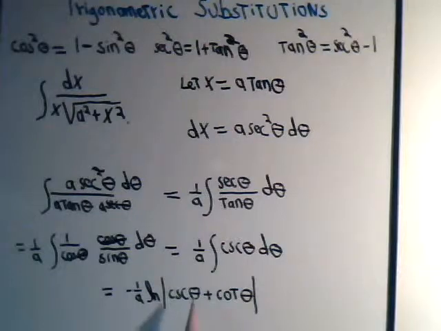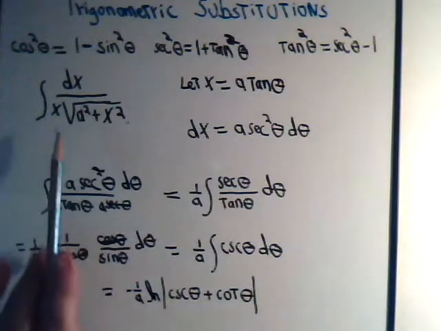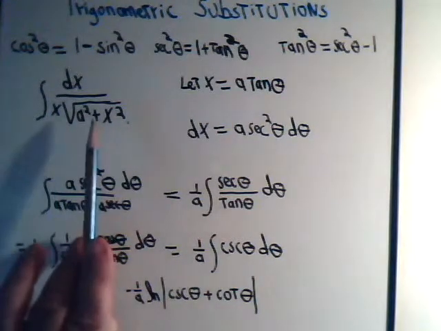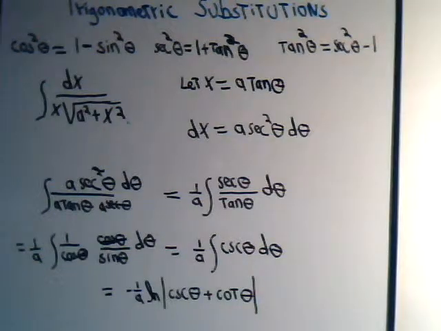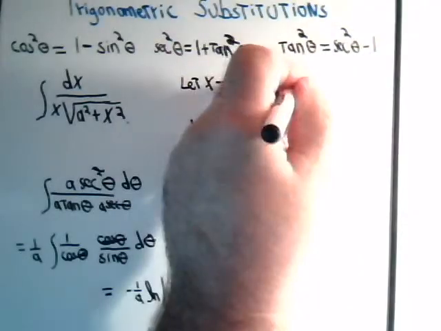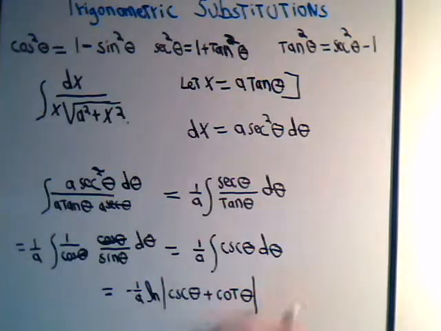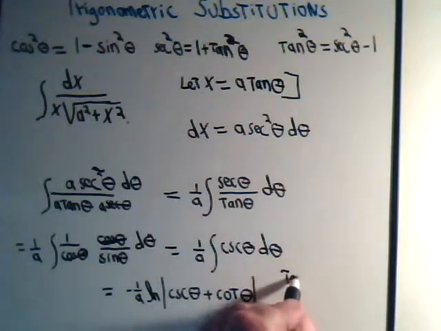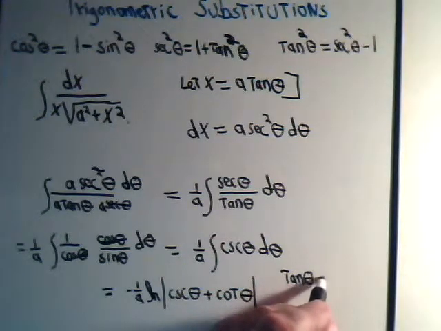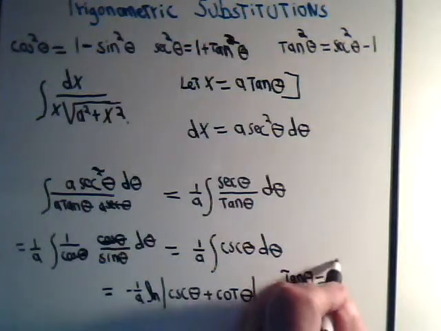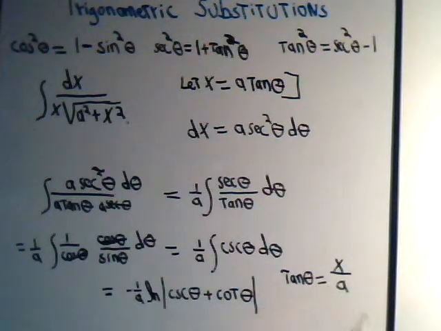But naturally, we have things expressed in terms of trig functions. Now we want to re-express things in terms of our original variable x. So we have to go back to our substitution here. And we say, well, the tangent of theta equals x divided by a. So at this point, what you do is you draw a triangle.